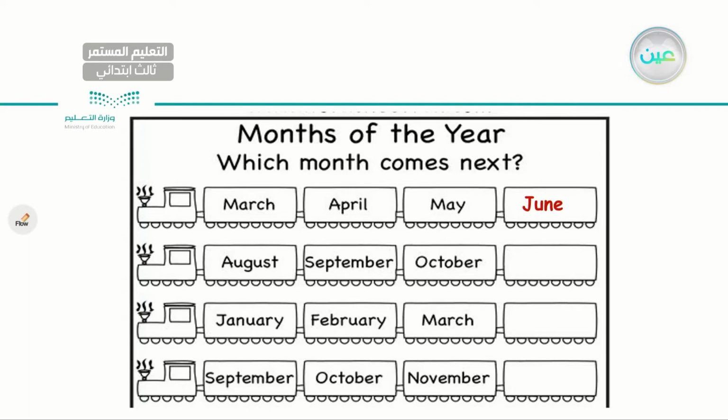So what comes after October is November. Very good, my dear student. Next, January, February, March. What comes after March is April. Very good. Next, I have September, October, November, and I have the last month, which is December. Very good, my dear student.